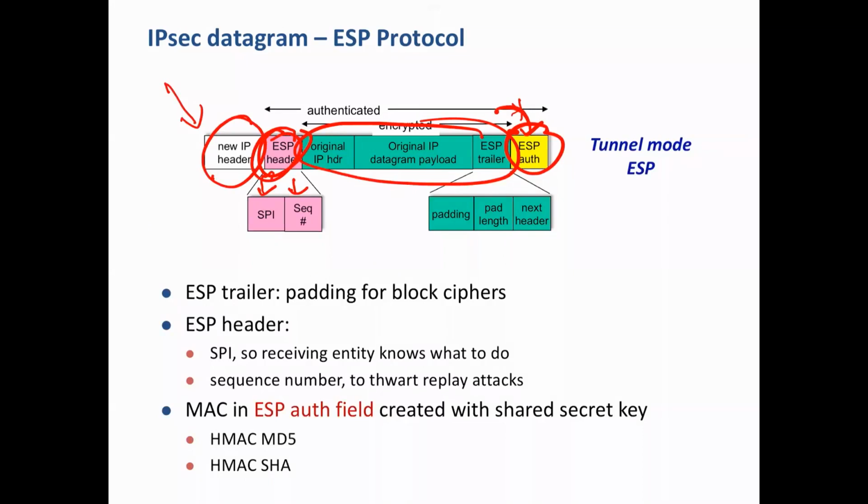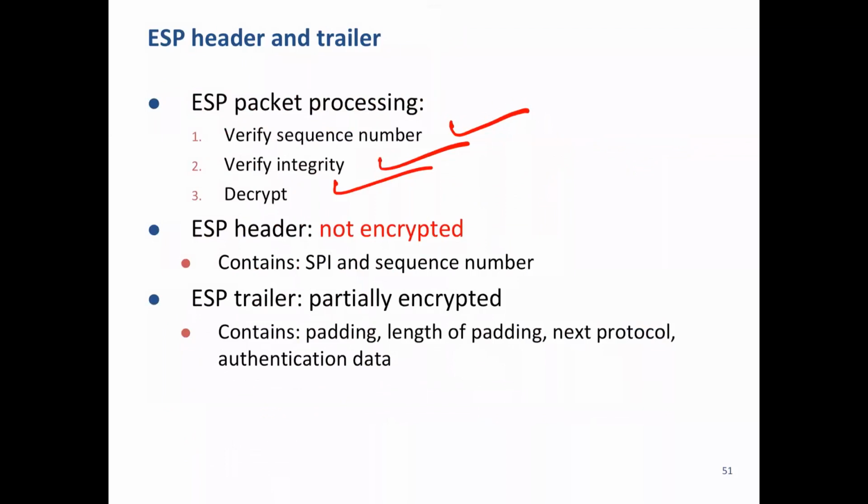Note that the original IP packet is completely encrypted and authenticated. So if Mallory changes something here, the authentication code will not match what's here. Obviously Mallory doesn't know the keys, so there will be a mismatch. All right. Okay, any question?